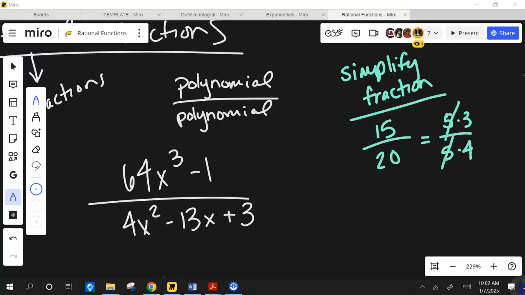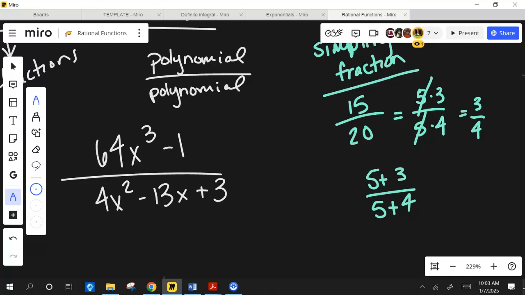The 5s cancel out, right? And I'm left with 3/4. I canceled those out because I'm multiplying. Remember, if this was 5 plus 3 over 5 plus 4, can I just cancel those 5s out? No, it does not work like that. You can only cancel when you're multiplying, okay?